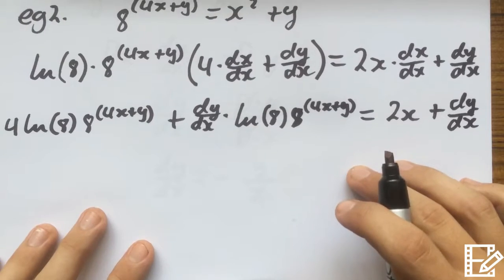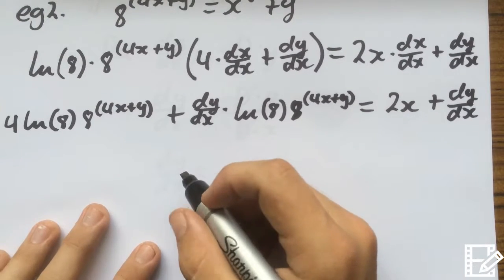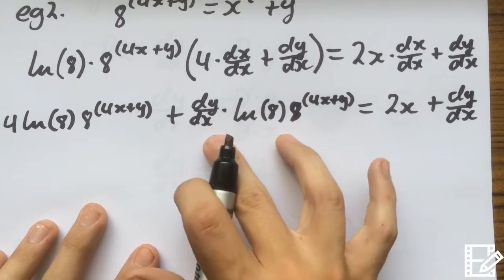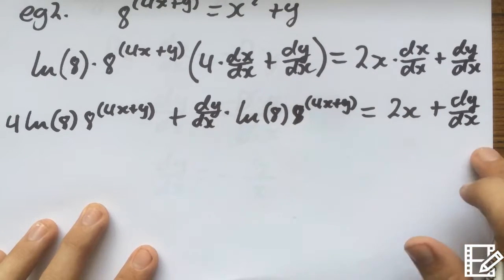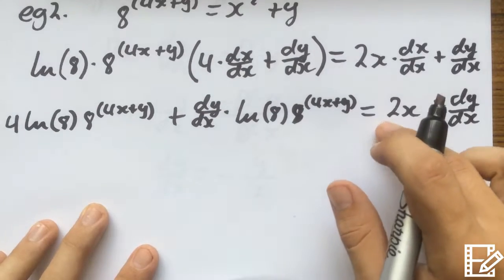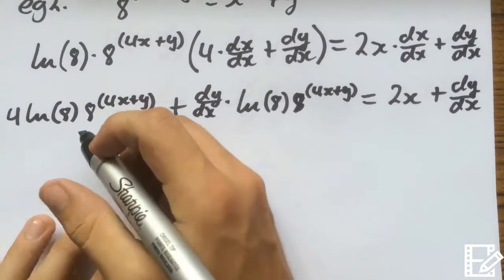Next step is we're going to bring the dy over dx onto this side with the other one, and subtract 2x to bring it over to this side.